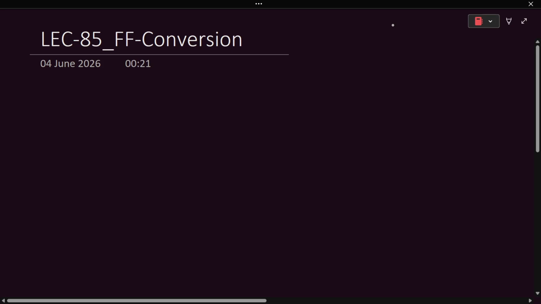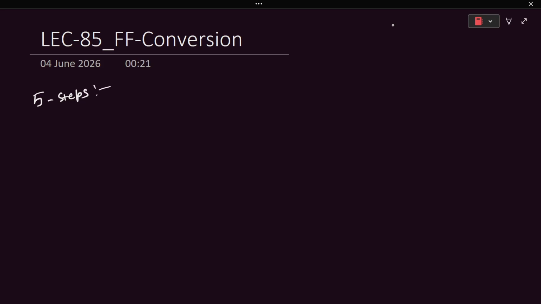So how many steps are there for flip-flop conversion? There are 5 steps that I am going to discuss to convert one flip-flop to another. What is the first step? We need to identify what flip-flop we have and what flip-flop we will build.